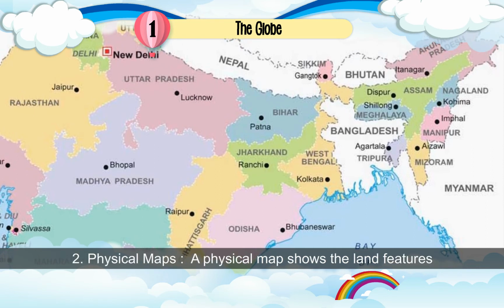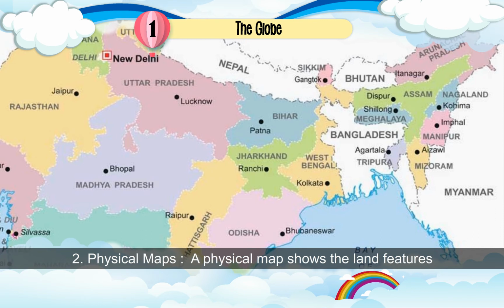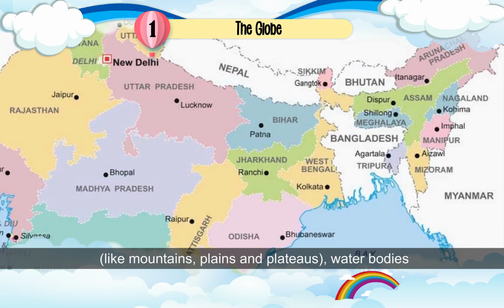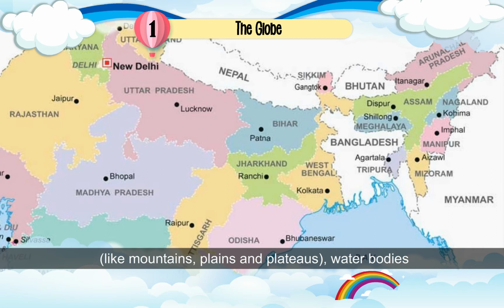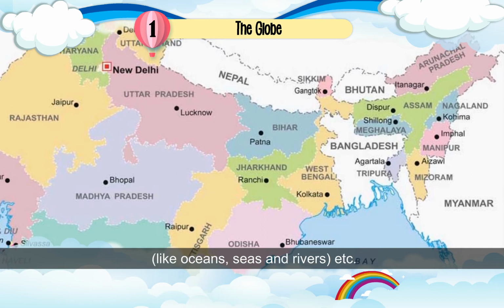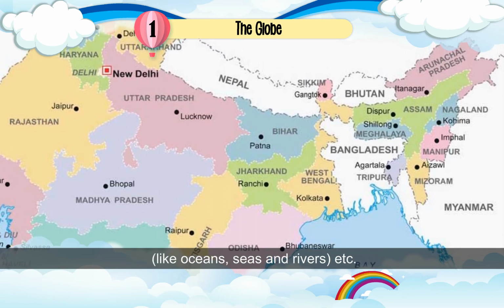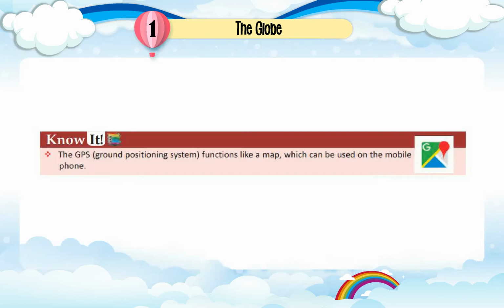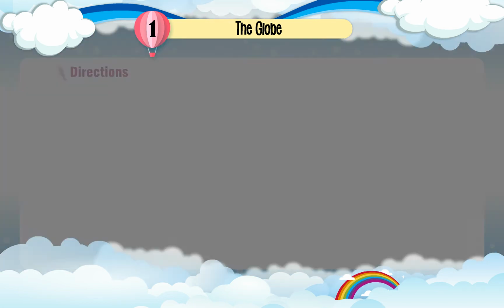Physical maps. A physical map shows the land features like mountains, plains and plateaus, water bodies like oceans, seas and rivers, etc. Know it. The GPS, Global Positioning System, functions like a map, which can be used on the mobile phone.